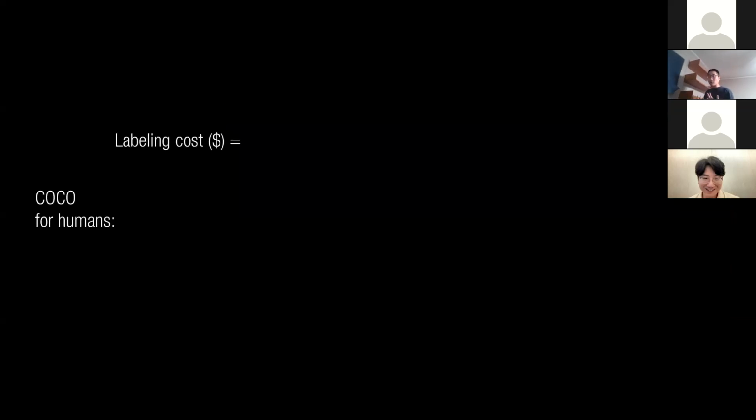So let's see how much it costs to generate such data. Let's do the simple math here. I'm going to calculate how much it costs to label a large data set for humans. Each annotation costs about 50 cents.